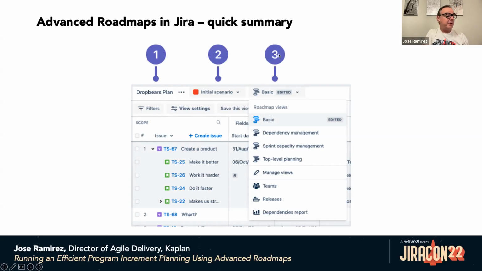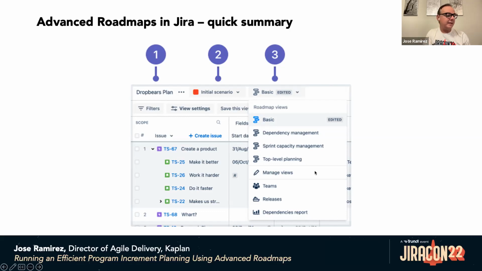All right, identified with number 3 is a very important functionality of Advanced Roadmaps. That is the different roadmap views that we have. By default, we have 4 views: the basic view, the dependency management view, the sprint capacity management view, and the top level planning view.